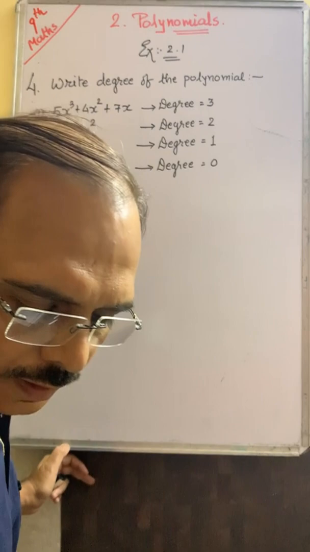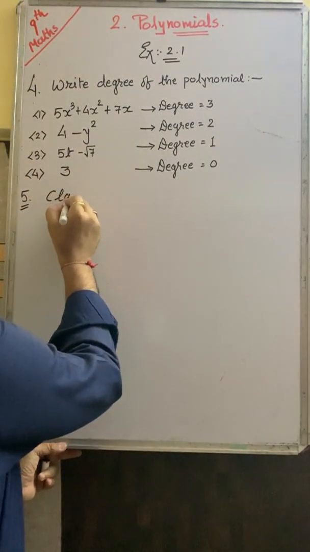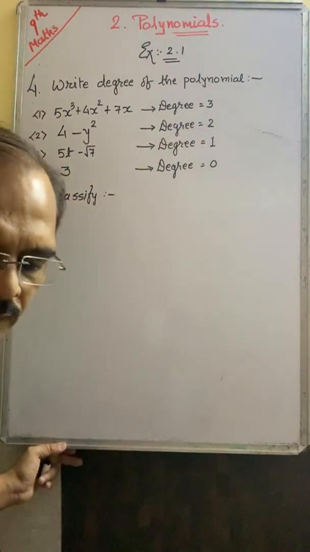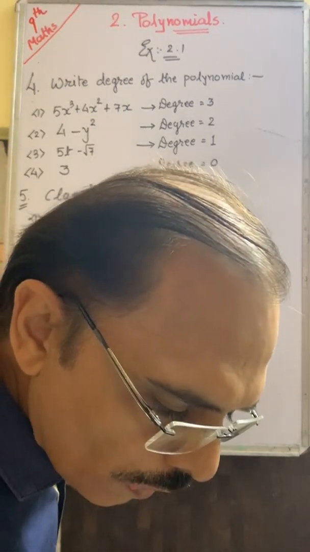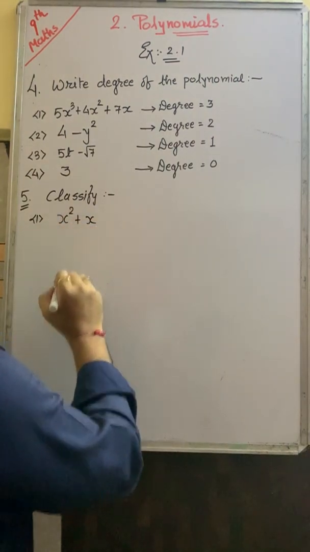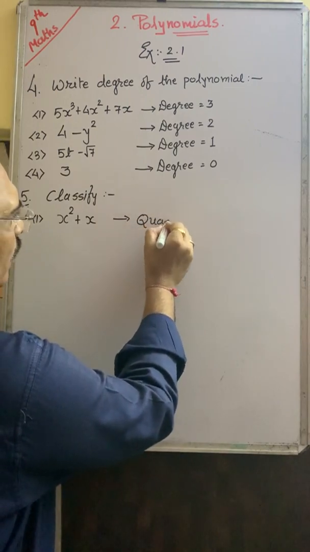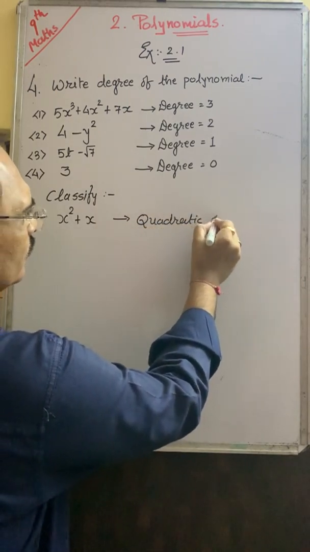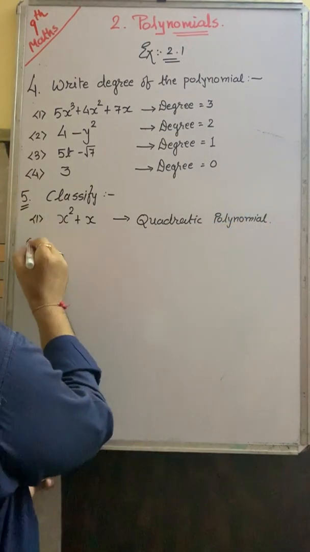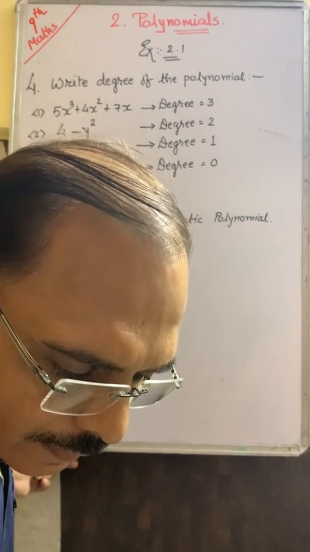Question 5. Classify the following as linear, quadratic and cubic polynomials. First is x square plus x. Highest power is 2. Okay? If highest power is 2, then it is called quadratic polynomial. Second, x minus x cube.